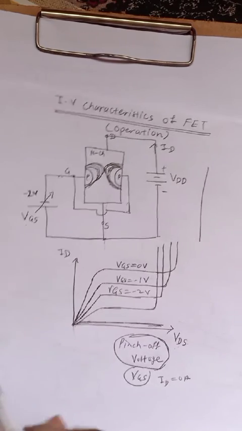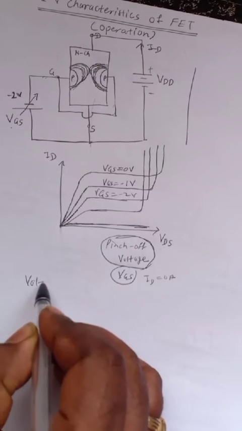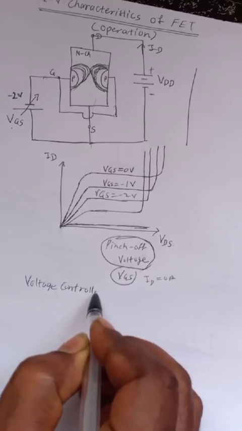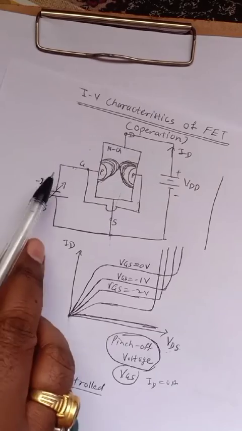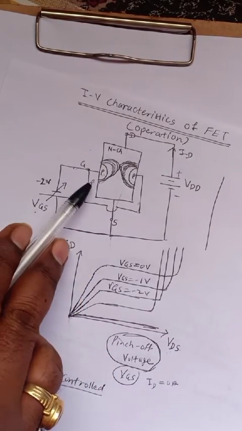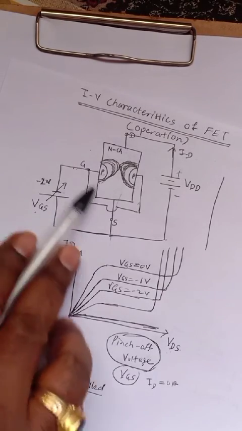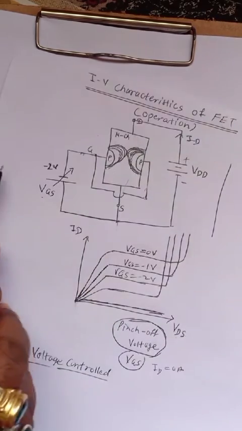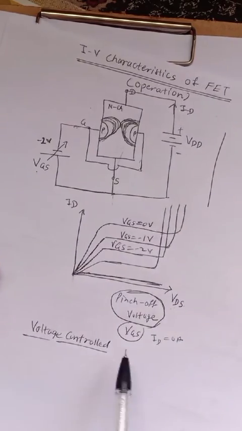Therefore this JFET is known as voltage controlled. There is no gate current. For NPN and PNP transistors there is a base current IB, but here there is no gate current because the junction is reverse biased. So that's why it is known as voltage controlled.